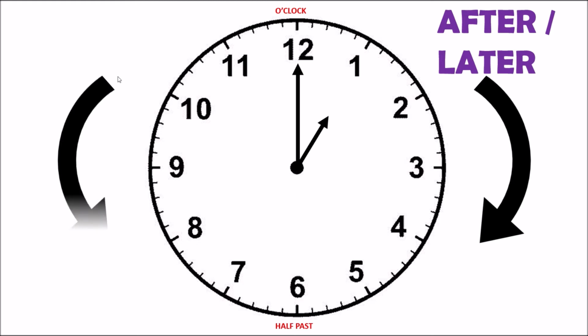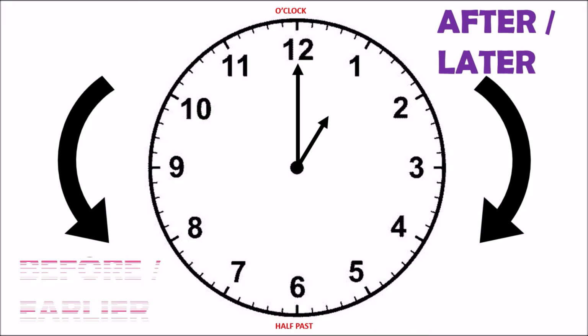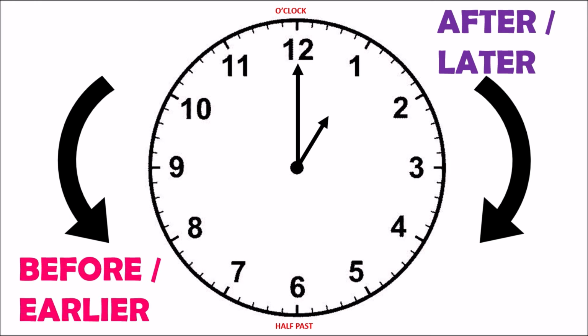Now, if we go the other way, now a clock doesn't move the other way, but sometimes when we talk about something that we did earlier in the day, or maybe we did something yesterday, we say before or earlier. So if it's 1 o'clock now and it's lunchtime, what did you do before lunchtime?